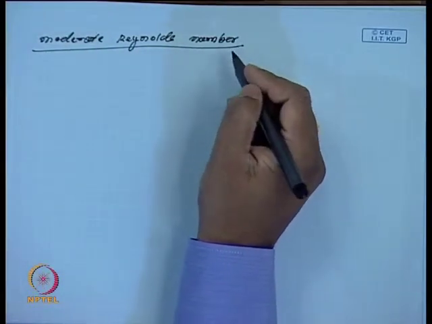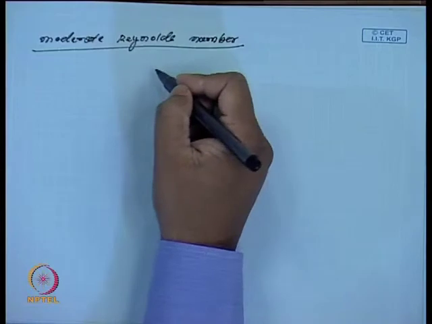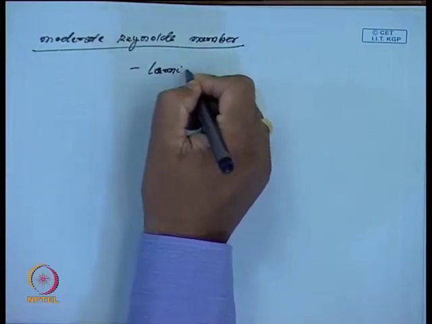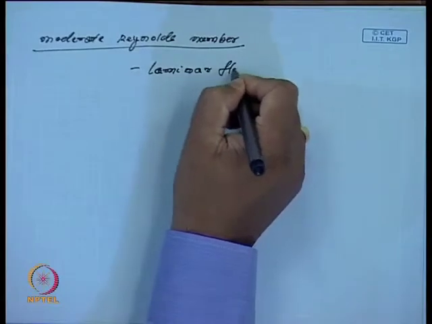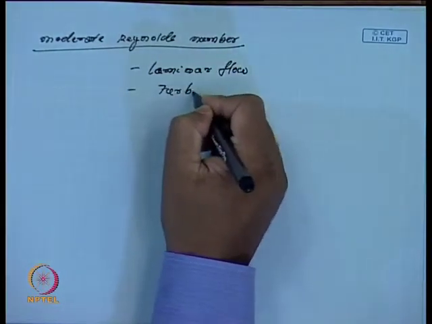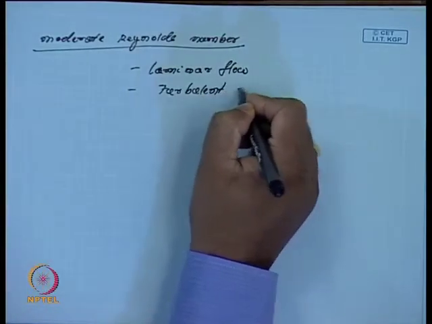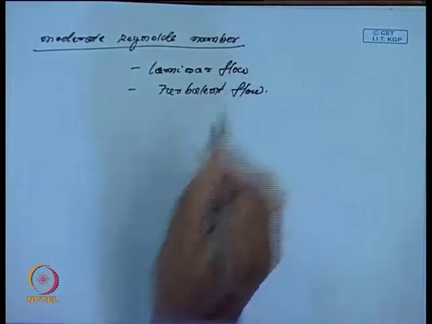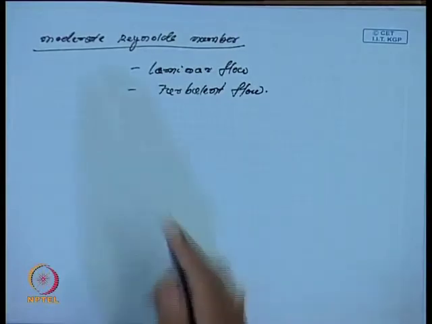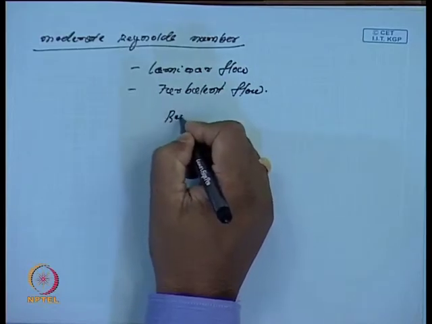For this, as we have already discussed, we have two types of flow: one is the laminar flow, the other is the turbulent flow. One of the factors which determines whether the flow is laminar or turbulent is the Reynolds number.